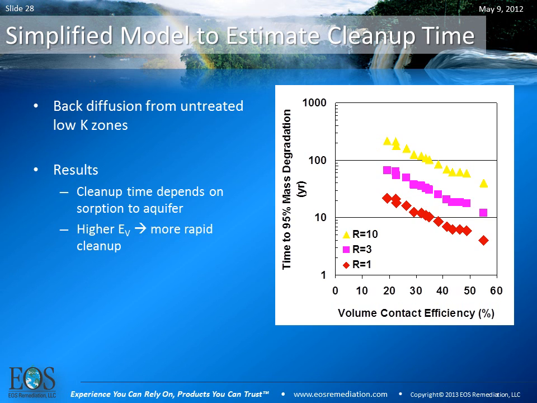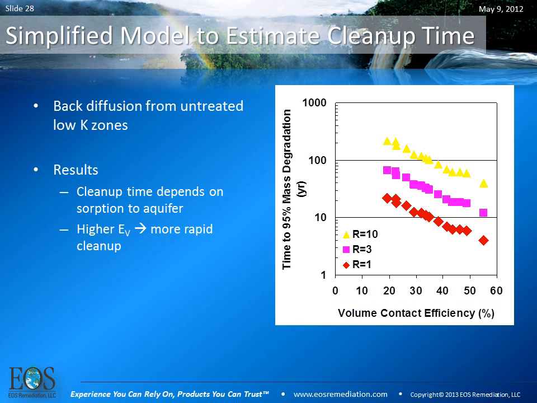And this happens less on the biological side and more on the chemical oxidant side, where you'd see that quicker rebound after a year. With the oils, there tends to be greater retention, so you would deal with some of that back diffusion, but it essentially does complicate things and puts a little bit of uncertainty into your cleanup time.